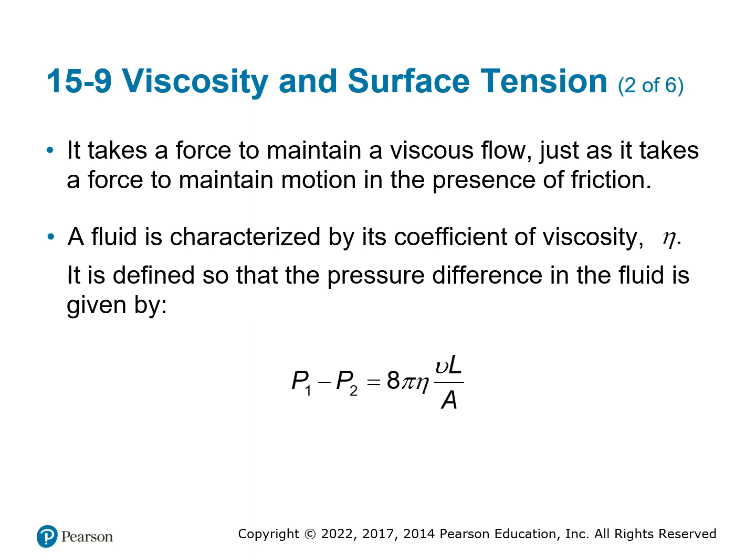It looks like a lowercase n, but it's defined so that the pressure difference in the fluid is given by this equation here. So the pressure at point 1 minus pressure at point 2 is equal to 8 pi times the viscosity coefficient times the velocity, times the length divided by the area.